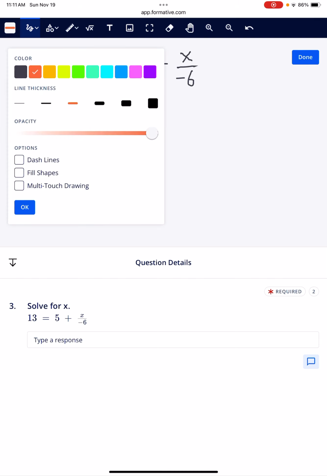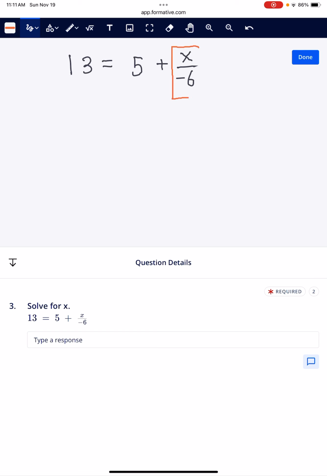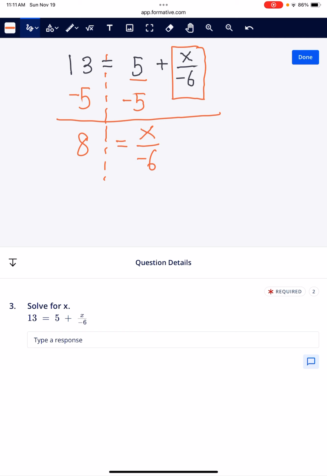You need to keep the variable term, but 5 needs to go. 5 is positive 5, so you can get rid of it by subtraction. 13 minus 5 will get you 8. On the right side, you will be left with x over negative 6.